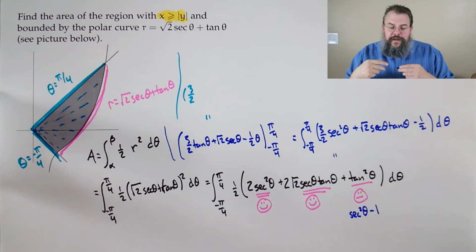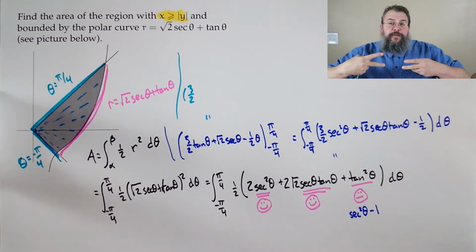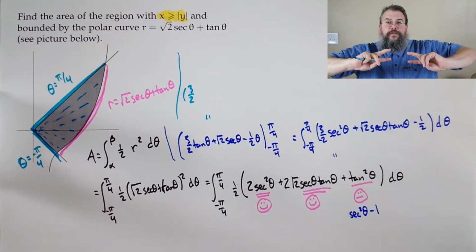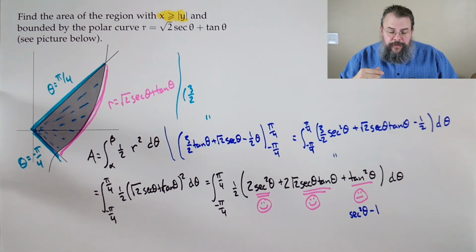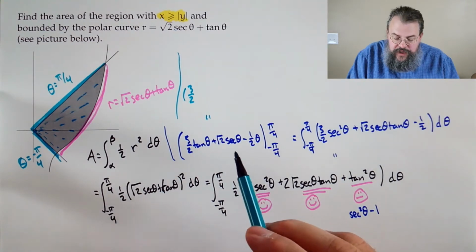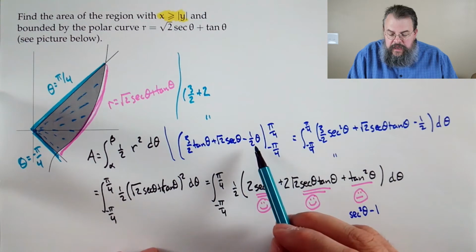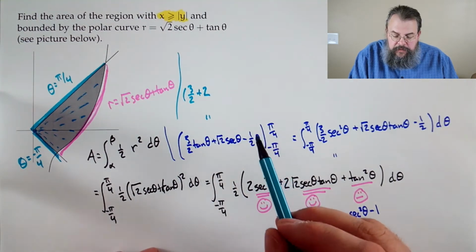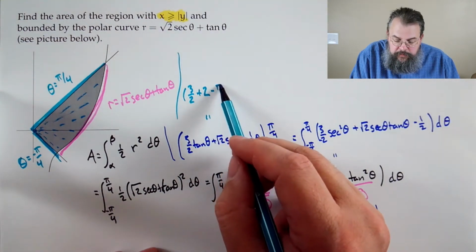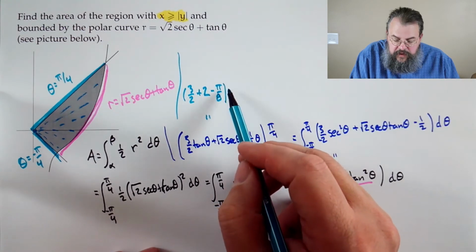Cosine of pi over 4 is root 2 over 2, but it's also the same as 1 over root 2. To go from cosine to secant, we flip it over. So secant of pi over 4 is root 2. Root 2 times root 2 gives us a 2. Then you plug in minus a half times pi fourths, so that's minus pi eighths.